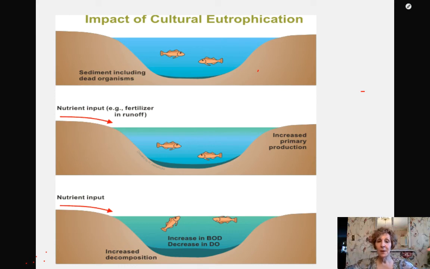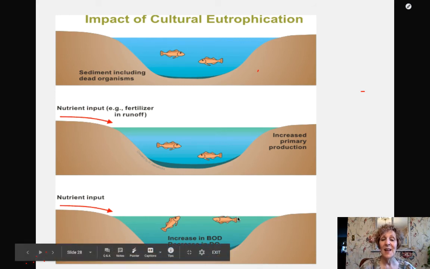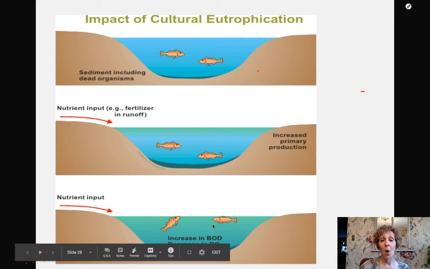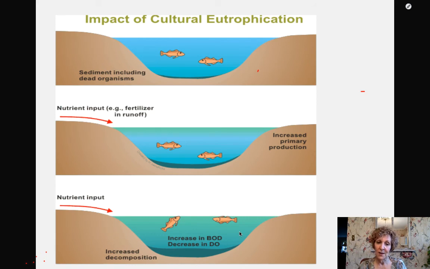But then their population gets so high in the photic zone that it cuts down the amount of sunlight. And what happens then is that they can photosynthesize less, they start to die, and the other organisms are also going to be suffering because the decomposers are breaking down the dead algae and using up the oxygen.